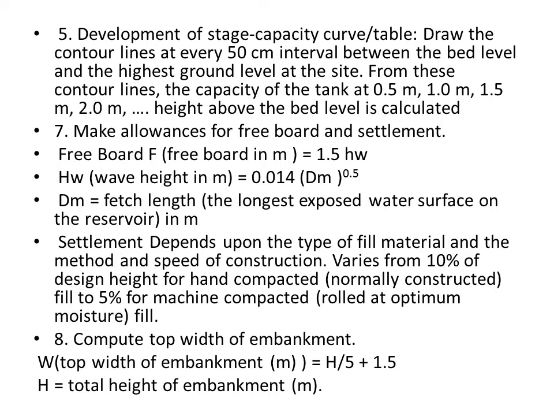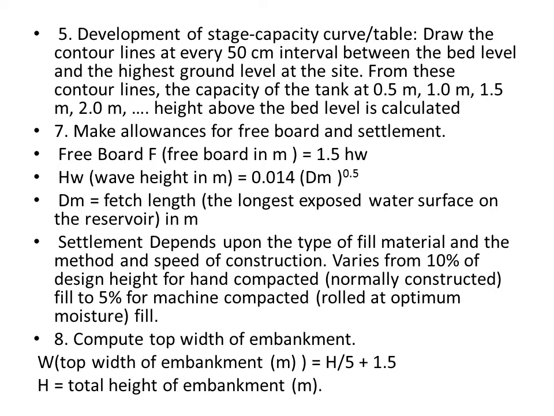Settlement depends upon the type of fill material and the method and speed of construction. Varies from 10% of the design height for hand compacted to 5% for machine compacted at optimum moisture fill. So we have to make the settlement provisions. When you construct an embankment, there are chances that it gets settled, and the settlement depends upon the type of construction.